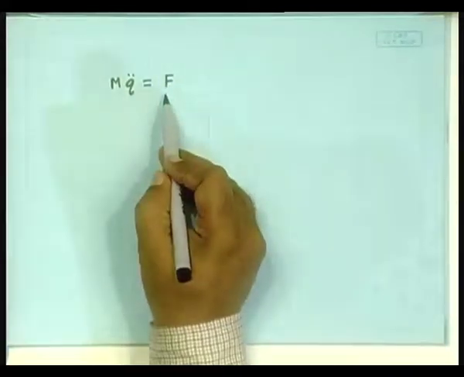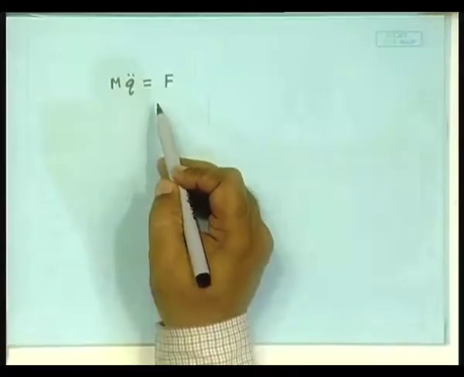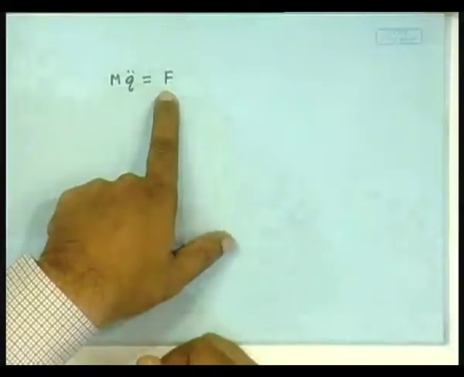Now, this force we said has two components. One is something that is impressed from outside, either some externally applied force or a force applied by the other elements of the system. For example, if two bodies are sliding against each other, then one body experiences a force applied by the other body, which is also part of the system. For that body, this frictional force will have to be included.